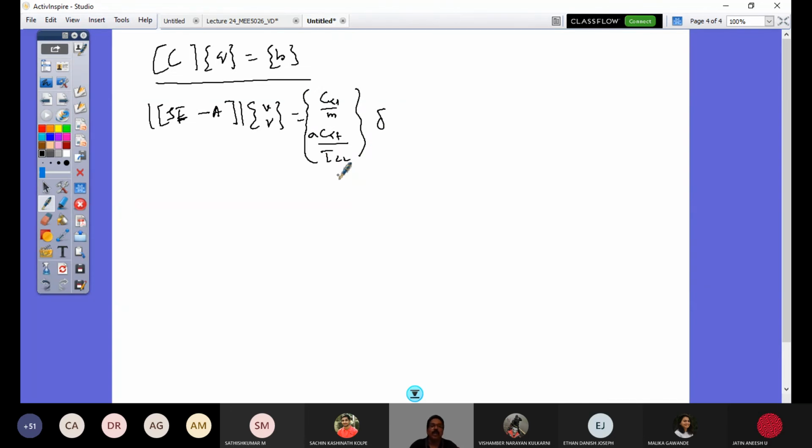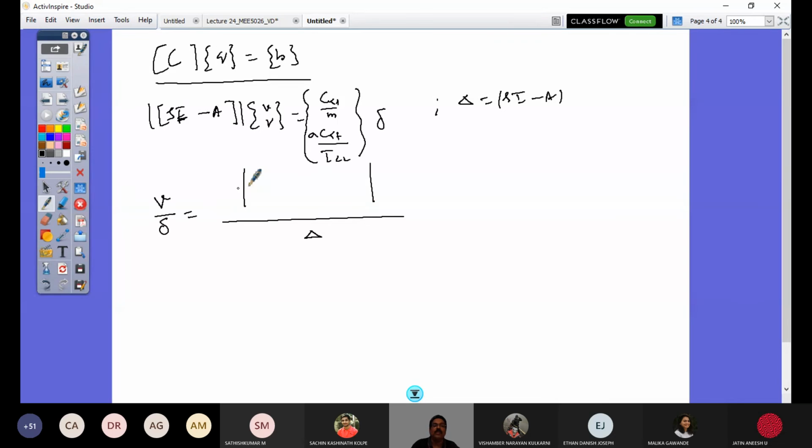So now what is my V by delta? So this is my B matrix, right? I will have a ratio of determinants. The denominator determinant delta is the determinant of sI minus A. The numerator determinant would be for the first term.